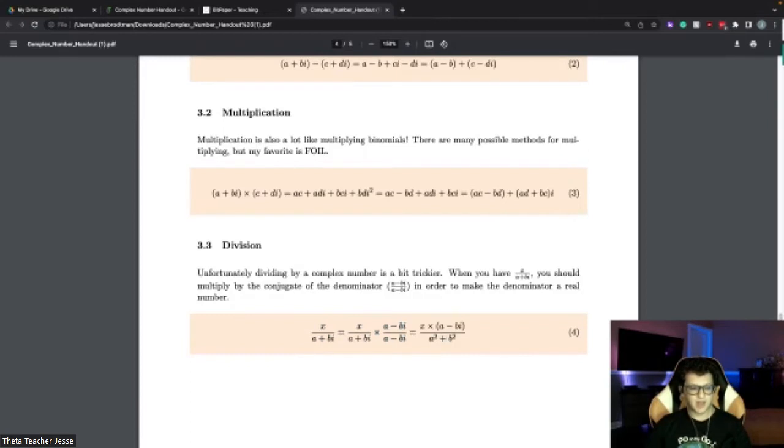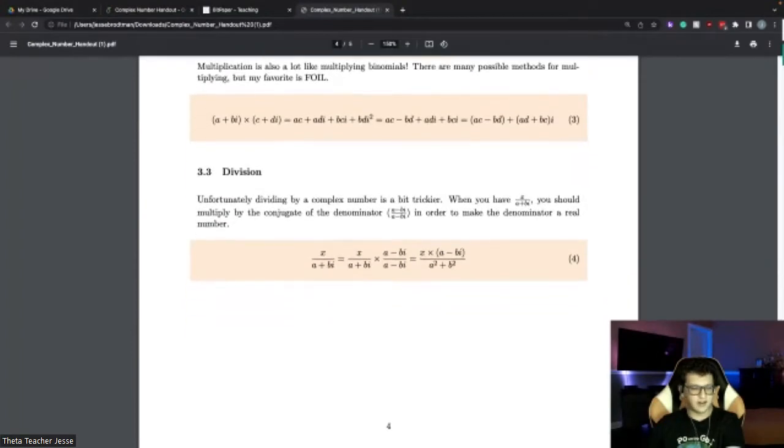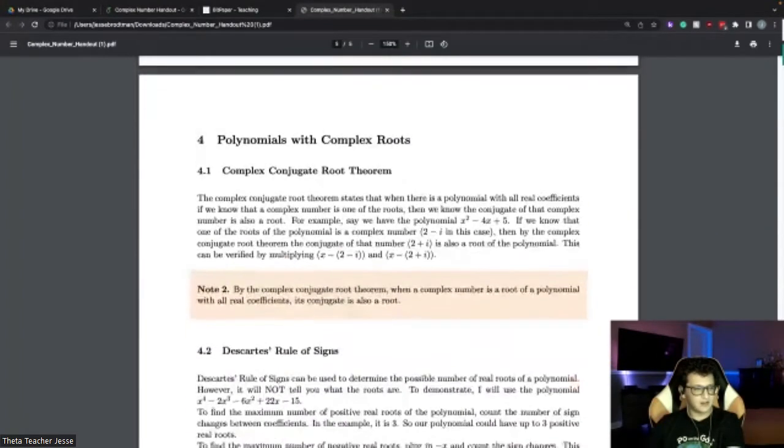And when you do that, if we just use our multiplication rules right here, this a plus bi times a minus bi becomes a squared plus b squared. Okay, and then we also have our x times a minus bi, and that's just our numerator. So, any questions about this? None? All right, awesome. On to section 4.